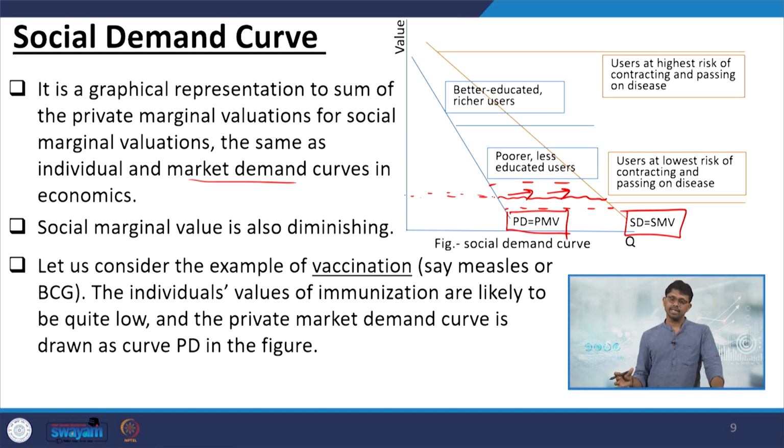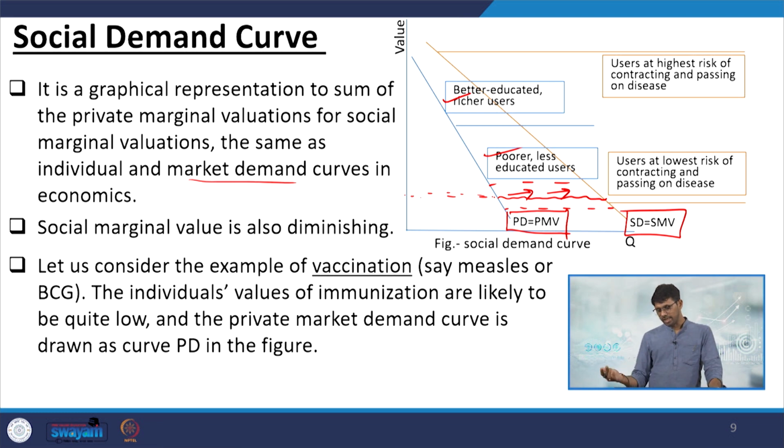Especially when we are citing any service unit, it varies from better educated persons to less educated persons, and it also varies from richer classes to poorer classes, because poorer sections may not be able to afford the high end services.